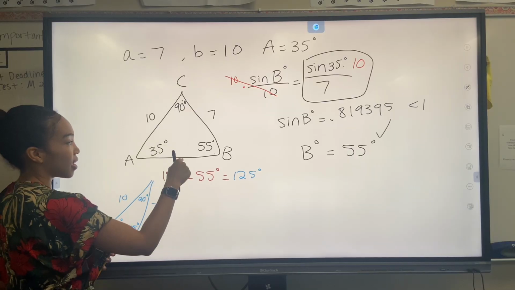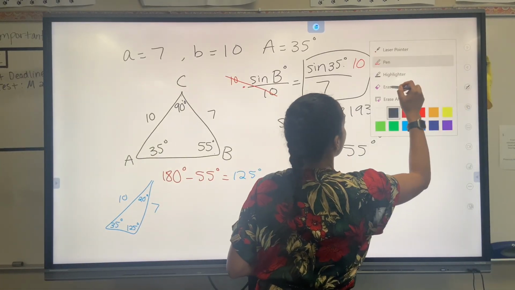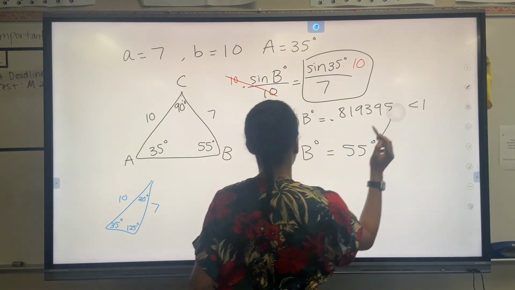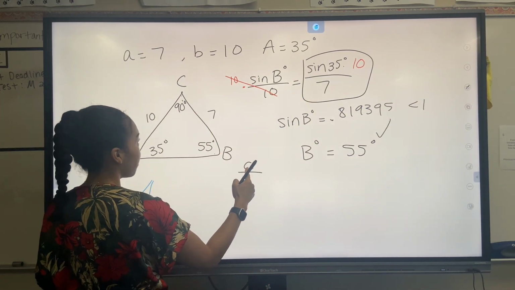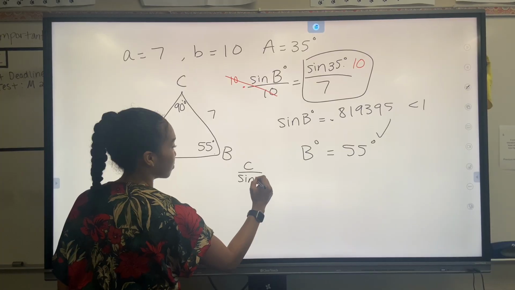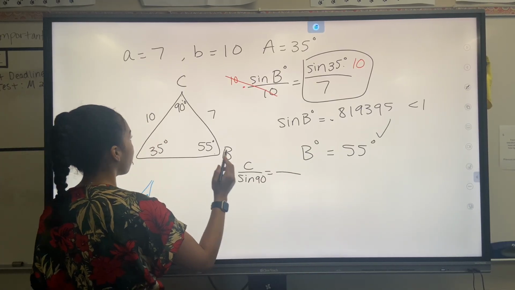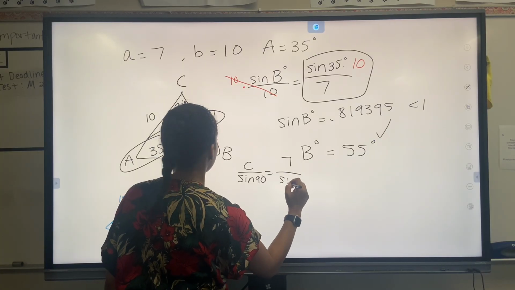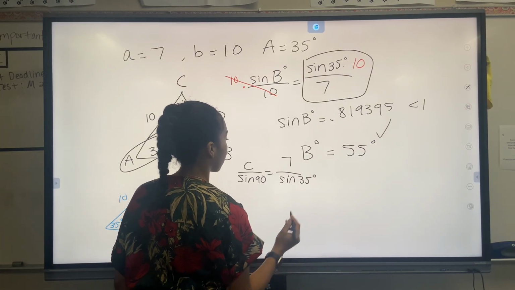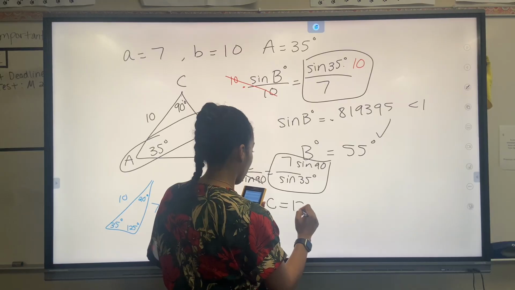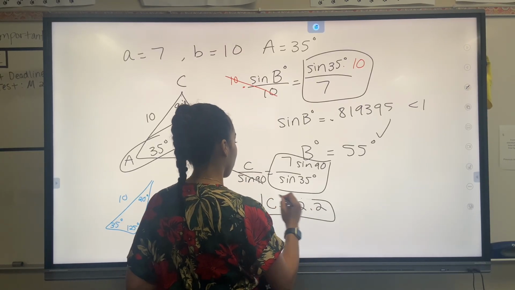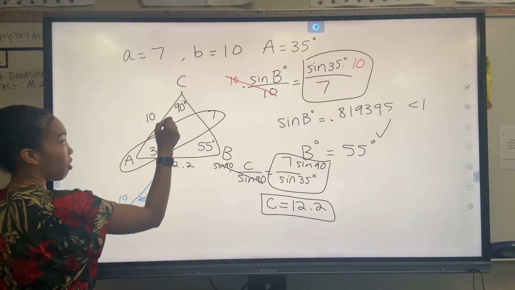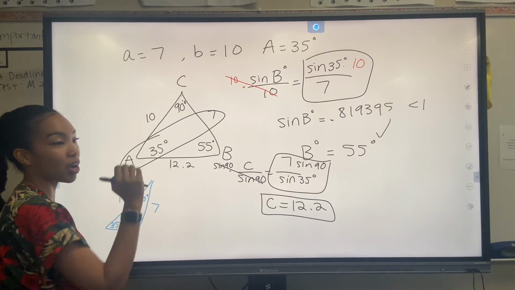Now let's find side C. So if I want side C, that goes in the numerator, over its angle is equal to 7 over sine of 35 degrees. Okay. That side is 12.2 long. So we solved the first triangle. We found all the angles and all the sides. So your first triangle is done.